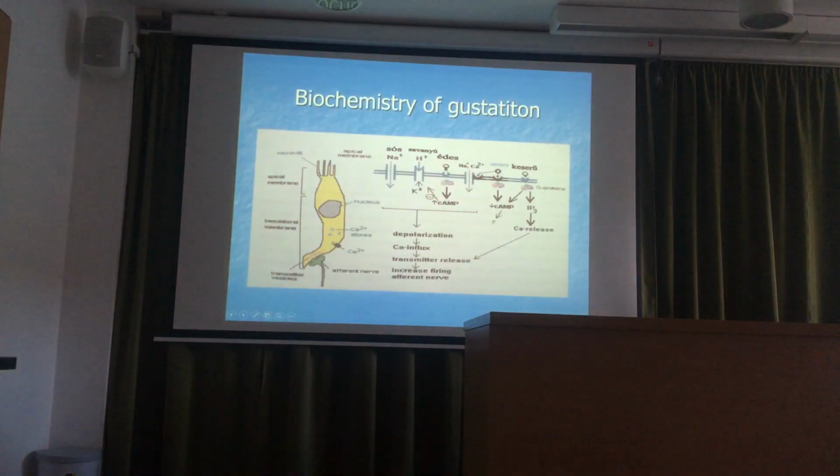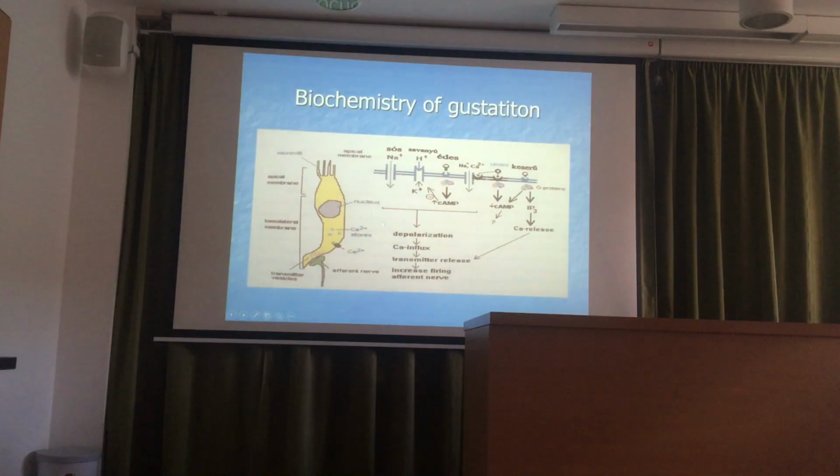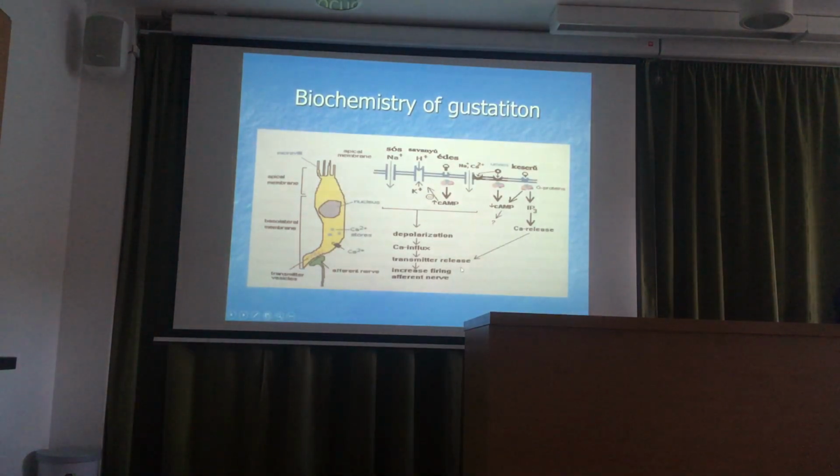The bitters can also be a lot of kinds of chemicals, but basically always in the taste bud cells there will be a depolarization, calcium influx, transmitter release and increased firing of afferent nerves.